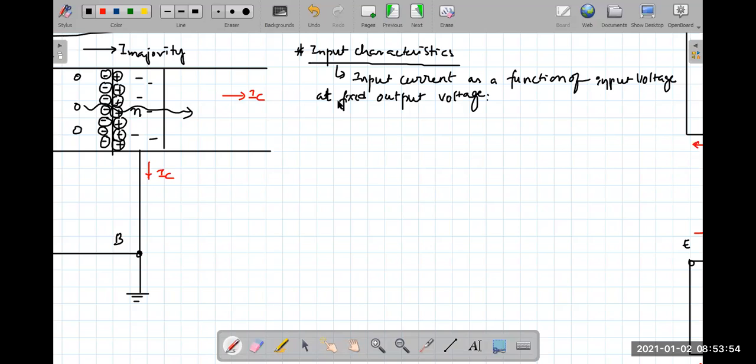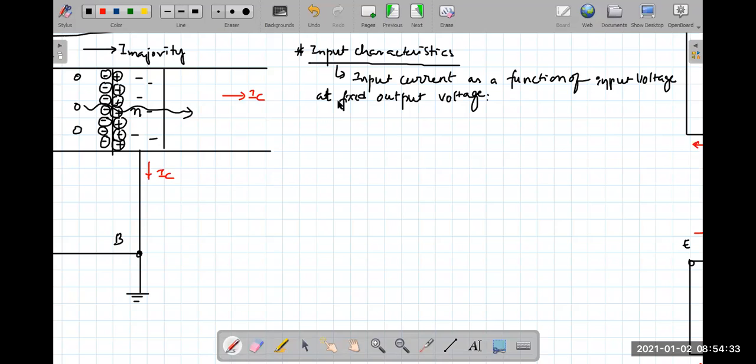Here I get to see a complicated diagram.